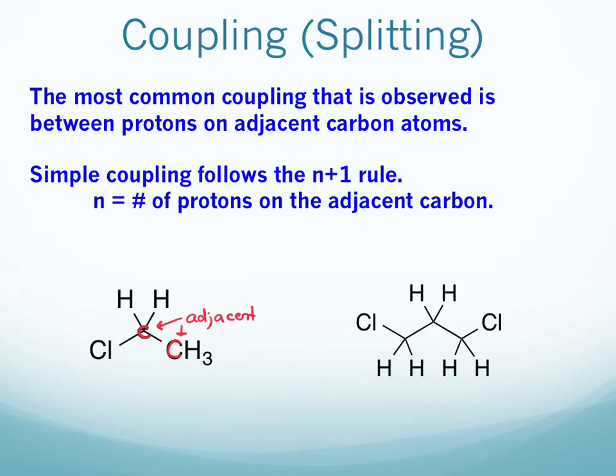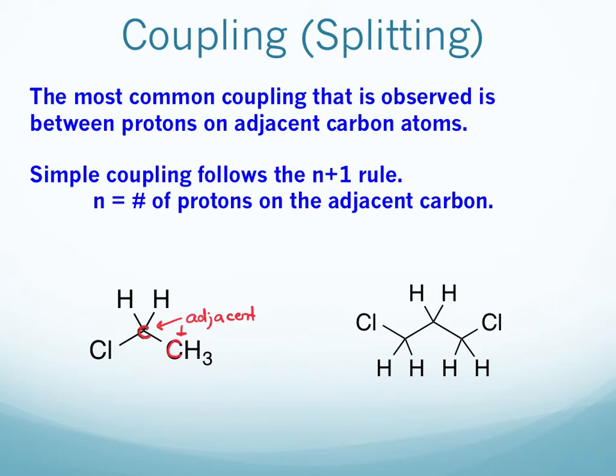And what we say is that the 2 hydrogen on this left carbon are coupled to the 3 hydrogen on this right carbon. So that's where the coupling term comes into play. But then on the spectrum, the signal that corresponds to these 2 protons here will be split because of the 3 protons on the neighbor and vice versa. So that's where the splitting term comes in.